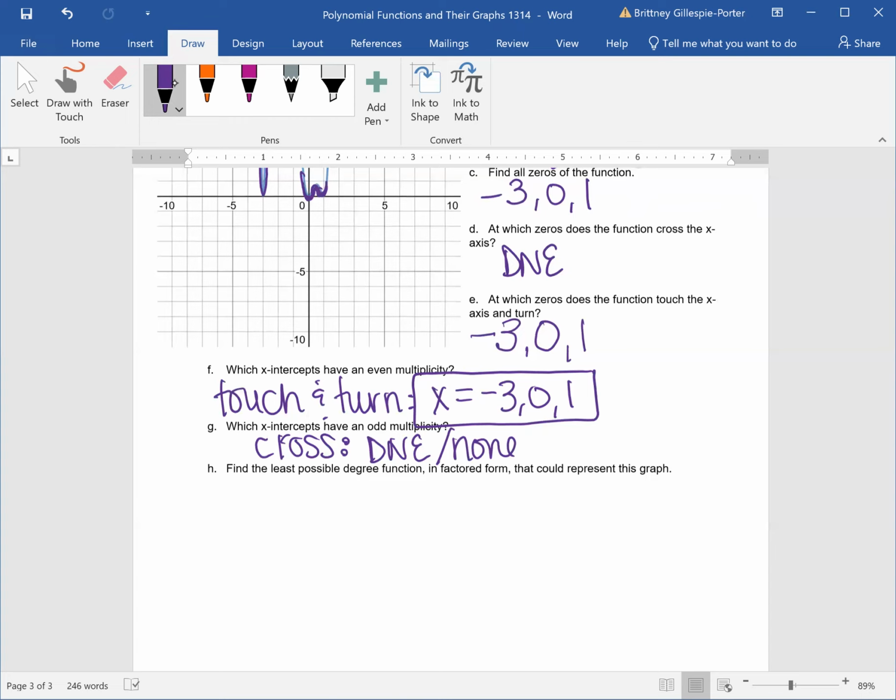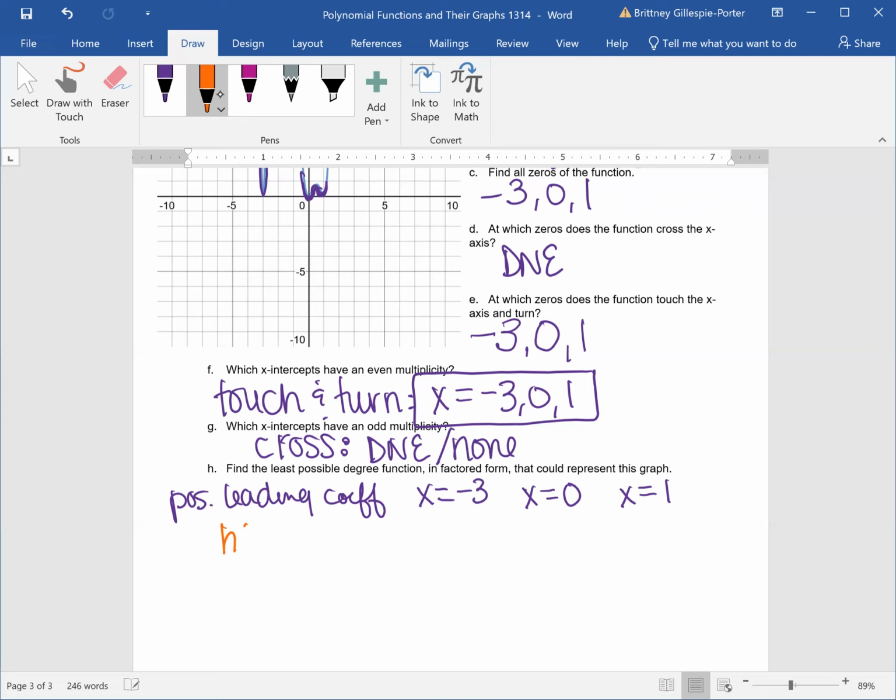Last part, we need to write our function in factored form that could represent the graph. Remember, we had a positive leading coefficient. Then we had x equal to -3, x equal to 0, and x equal to 1 as our zeros. This time I'm going to name our function h of x.